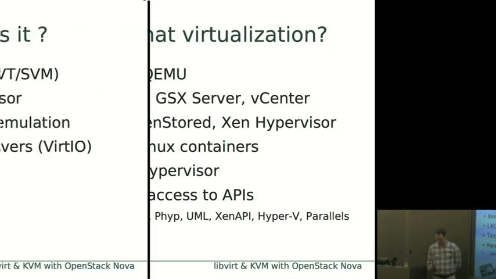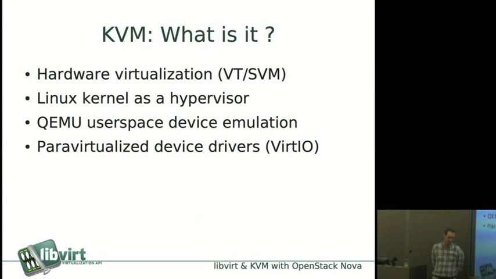So I just want to mention KVM, as that's one of the items in the title of this talk. I expect most people know what KVM is. It's the Linux kernel's native hypervisor providing full virtualization capabilities.